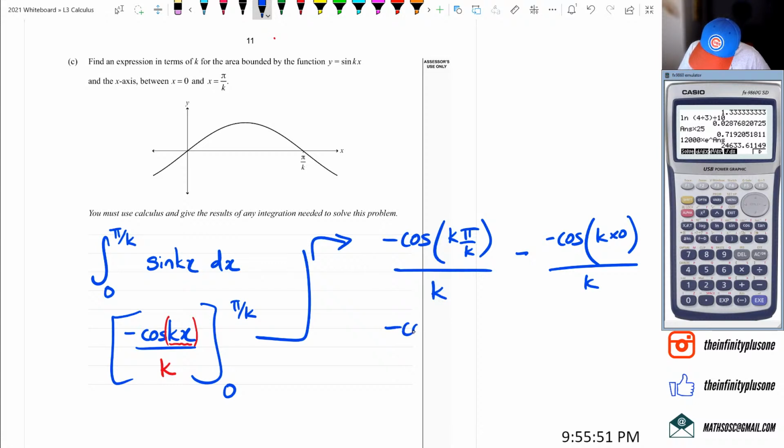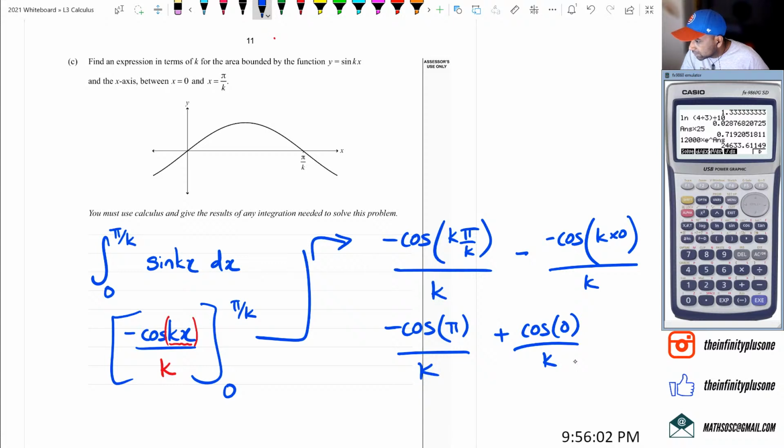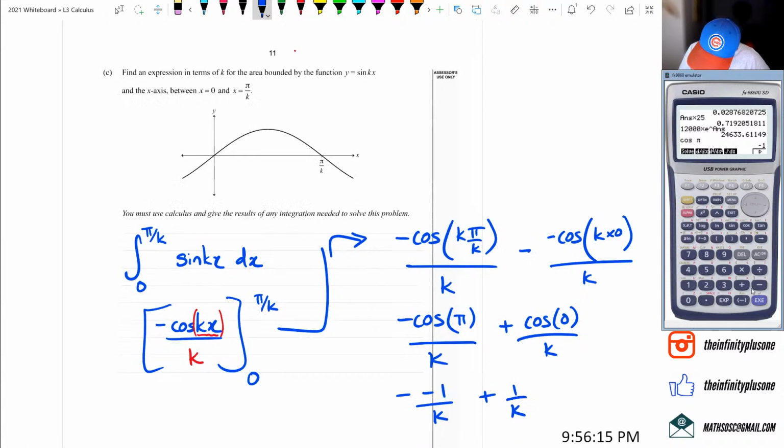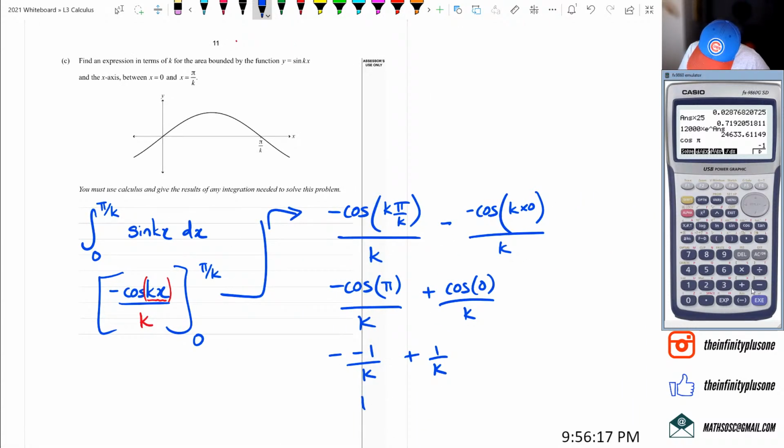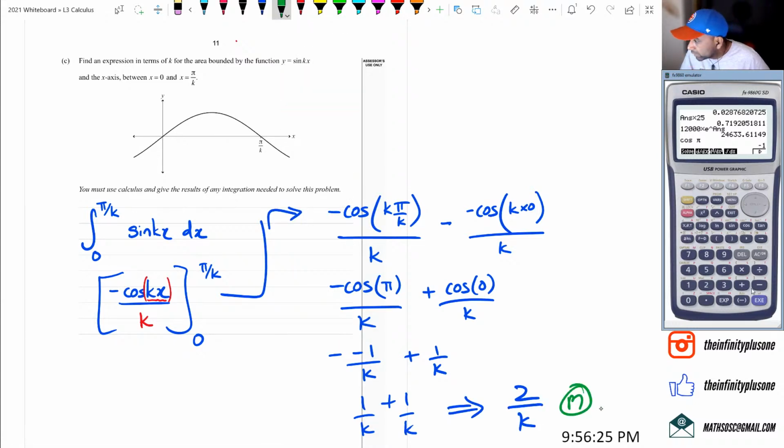So we've got negative cos of pi over k plus cos of 0 over k. Now, negative cos of pi is 1, so we get 1 over k plus 1 over k, which is just 2 over k. Grades wise, merit for 2 over k, and a correct integral gets you an achieved.